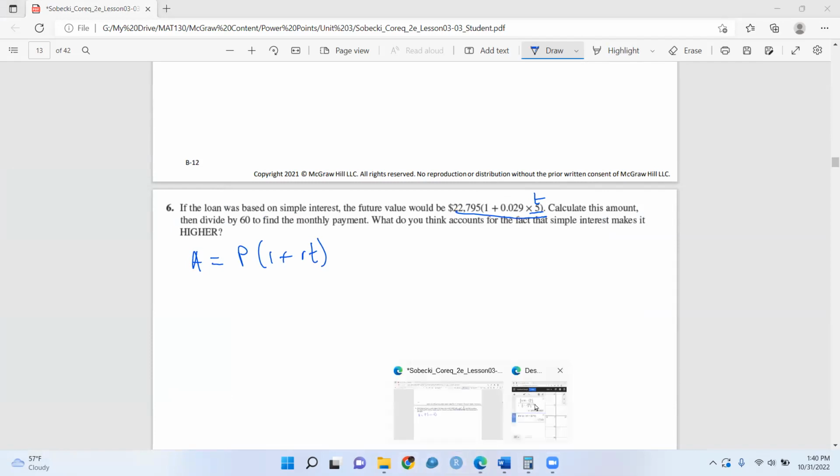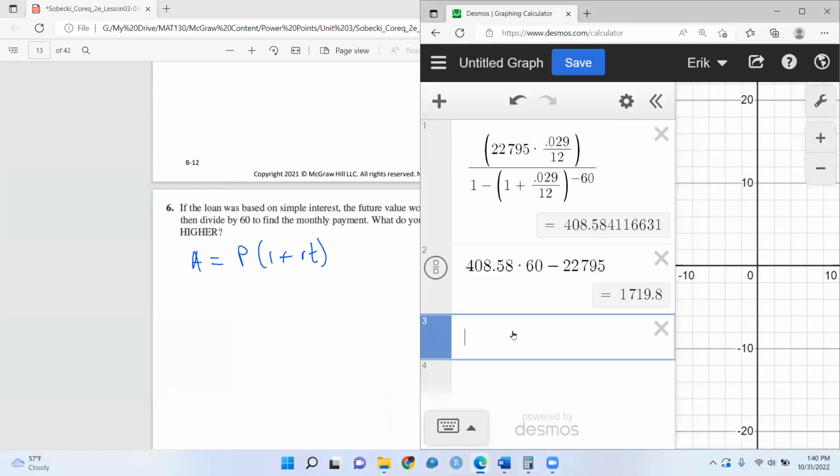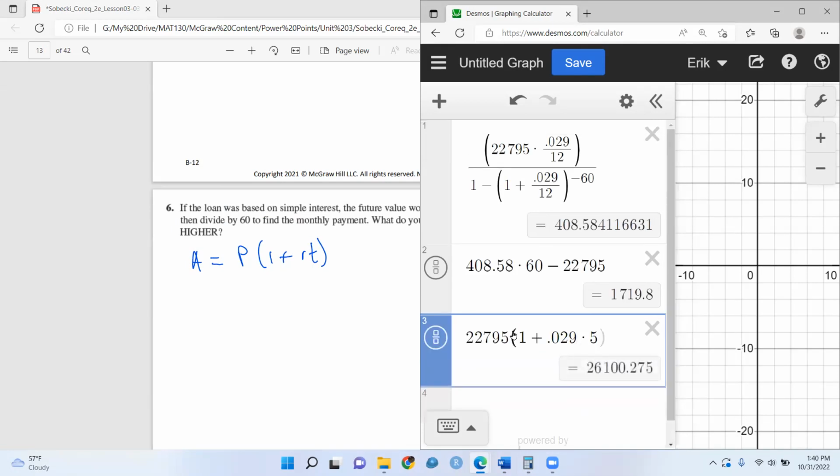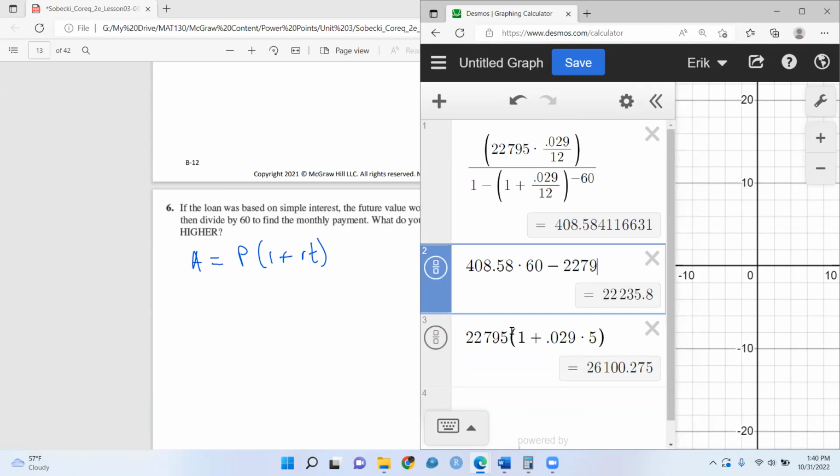I'll smash that into Desmos here. 22,795 times 1 plus 0.029 times 5. That's 26,000. You can see it's already quite a bit more than the cost. Almost an extra 2,000, extra 1,500.